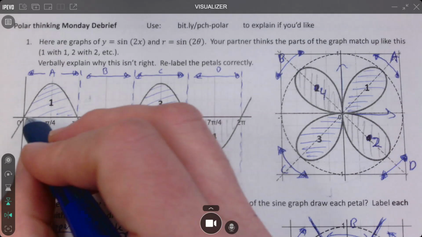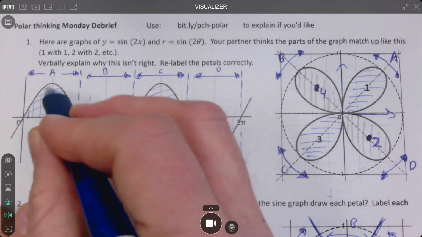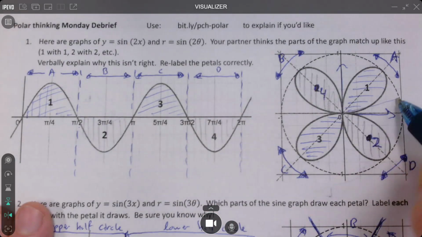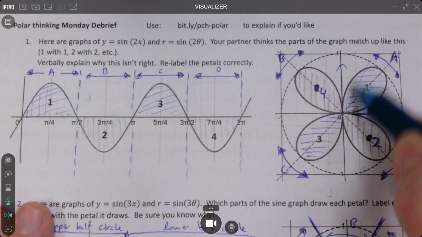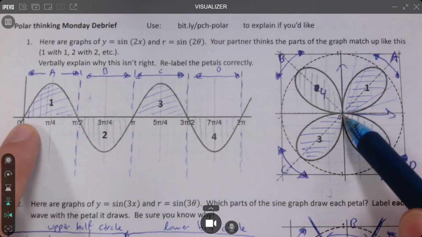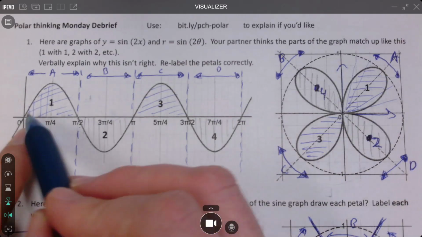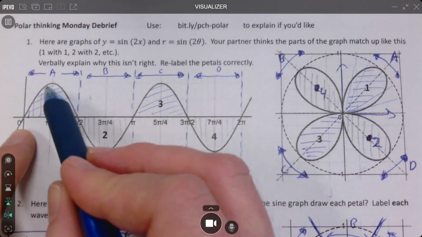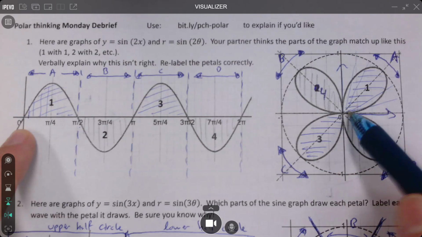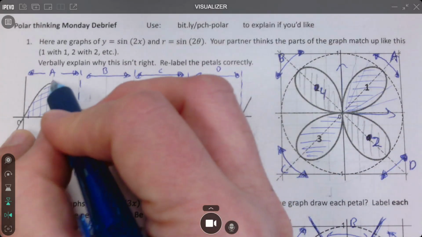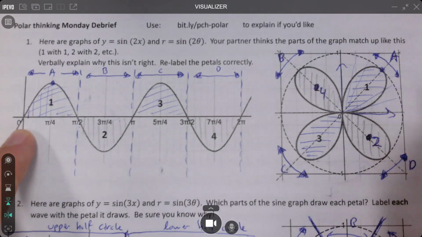I see that all the heights here are positive, which must mean that for all of these angles in this direction, the amount that I move is in the direction that I'm pointing, because positive r means I'm moving in the direction I'm pointing. So you see my r value goes up a little bit, up a little bit, until this point right here corresponds to the end of the petal.